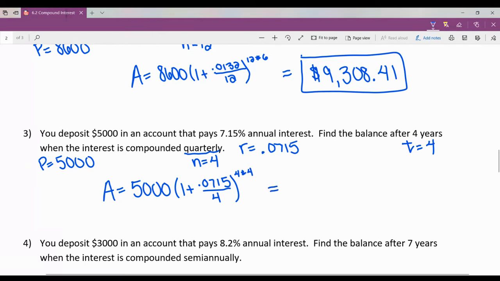So that's going to equal, so I take my calculator, 0.0715 divided by 4, and then we add 1 to that, then we raise it to the 4 times 4 is 16, then we multiply that by 5,000, so we get $6,638.67.